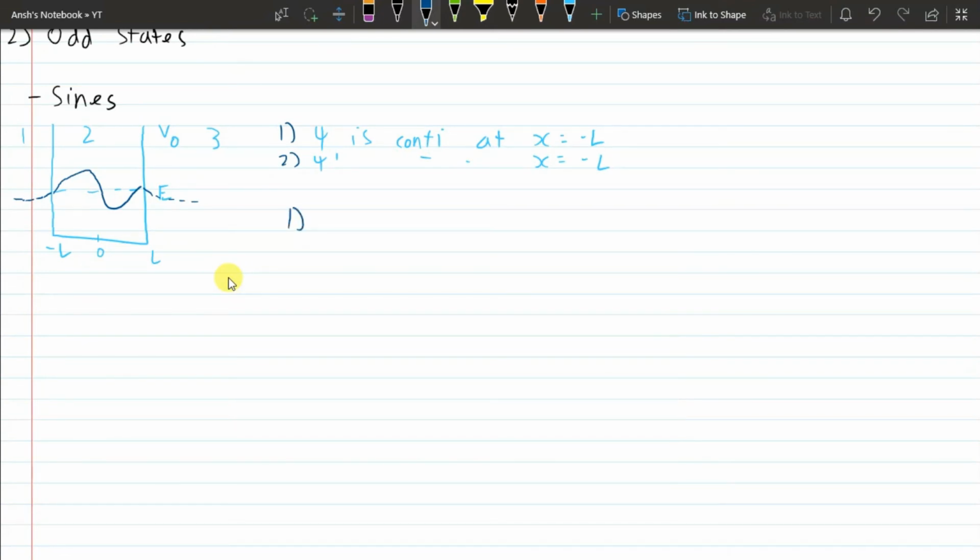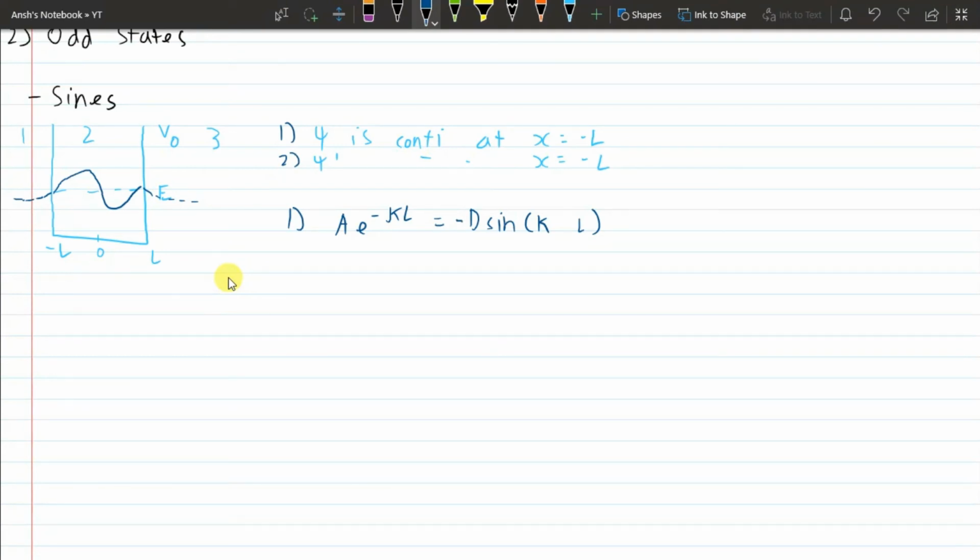For condition 1, since psi is continuous at x equals minus L, we have A e raised to minus kappa L is equal to D sine k of minus L. Now the minus sign will go out since sine is an odd function, and this is the first equation that we have.